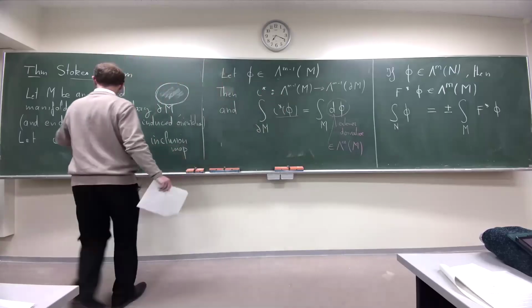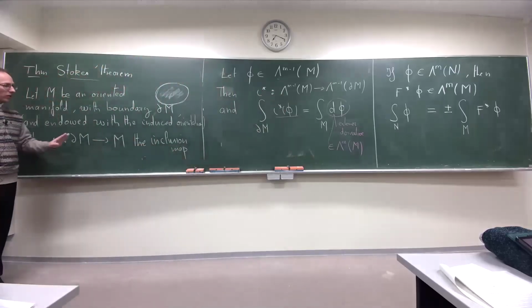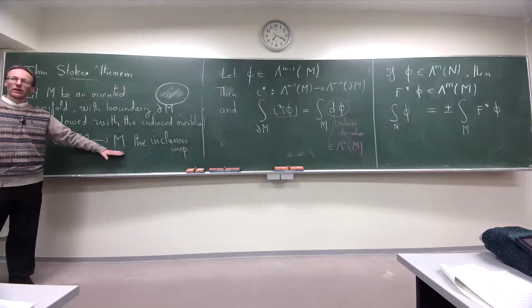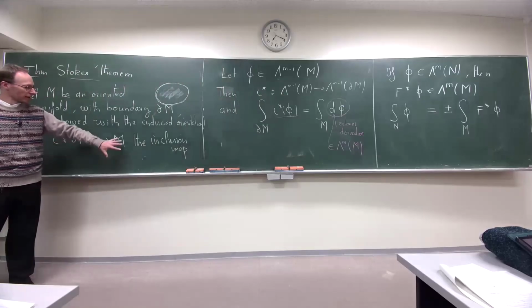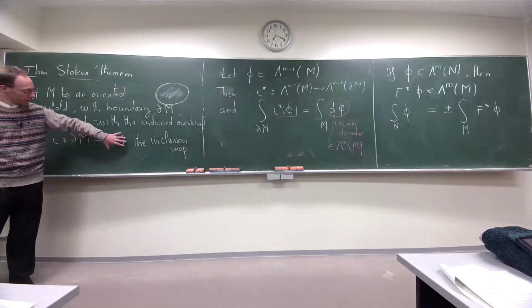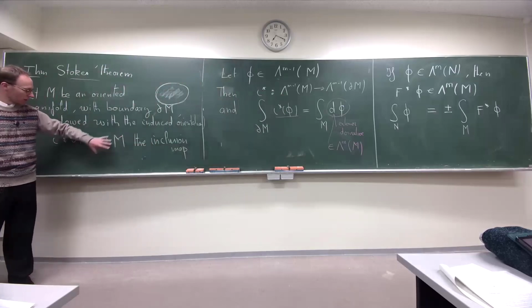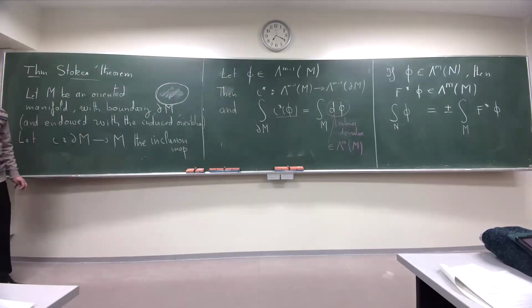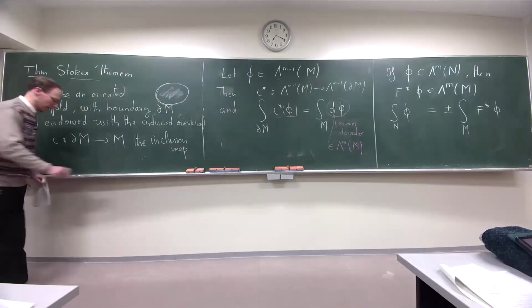No. Whenever we have a function from one manifold to another one, the upper star takes a tensor field on this one to a tensor field on that one. So this is correct. Please check your definition.